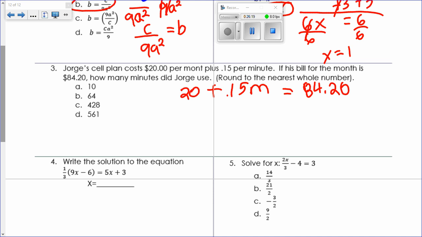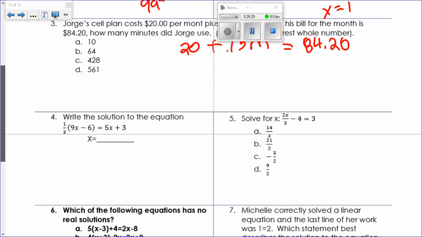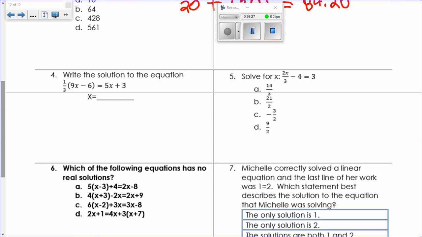Number 4, it says write the solution to the equation. You can do that one on your own. If you want to simplify this, you distribute. This becomes 9x over 3, it's like dividing by 3, minus 6 over 3 equals 5x plus 3.